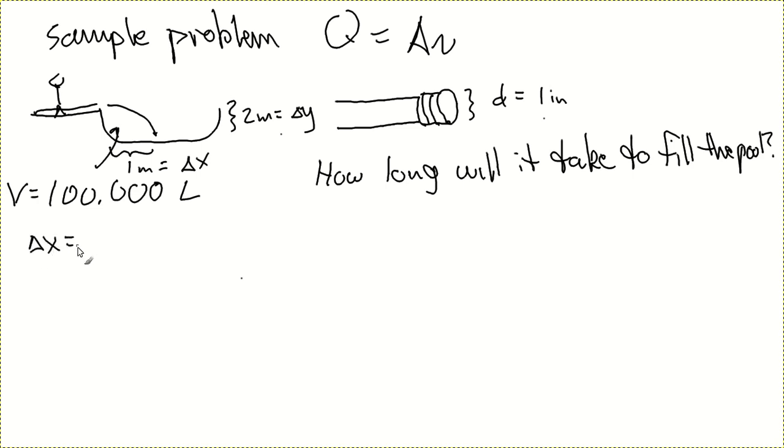Delta x here is going to be velocity times time. Now velocity, I just wrote velocity, not velocity x or velocity y, because the garden hose is laying flat on the ground. So the velocity is going to be purely horizontal when the water exits the garden hose at the edge of the pool.